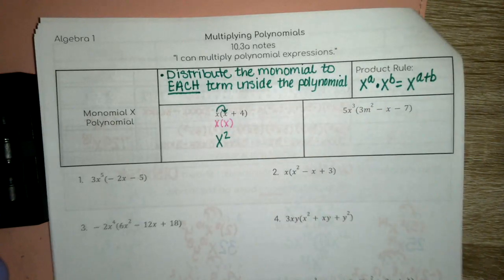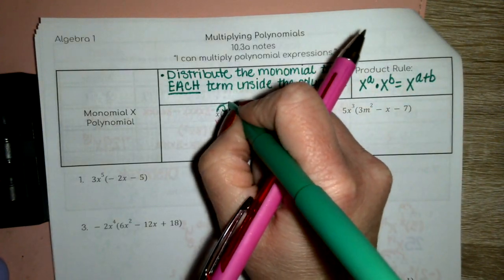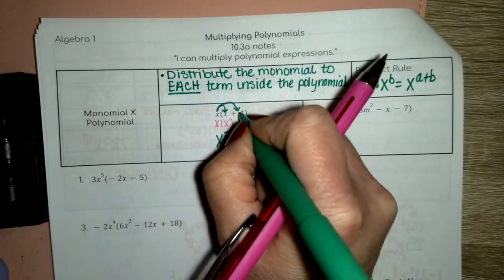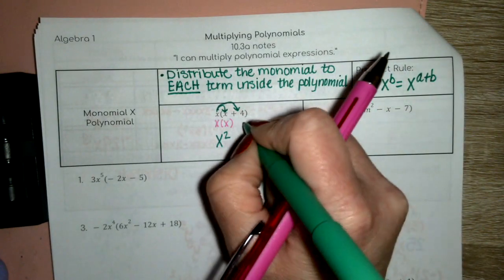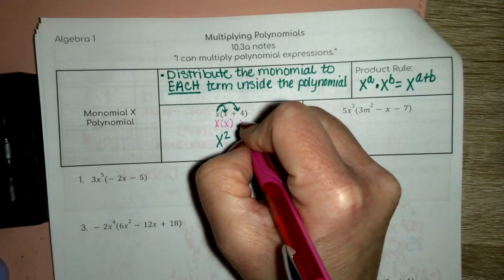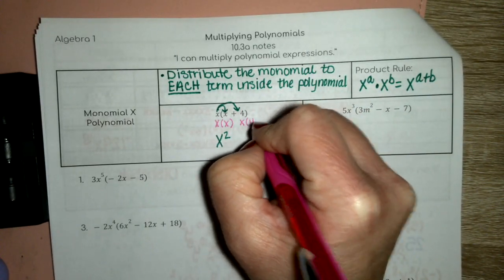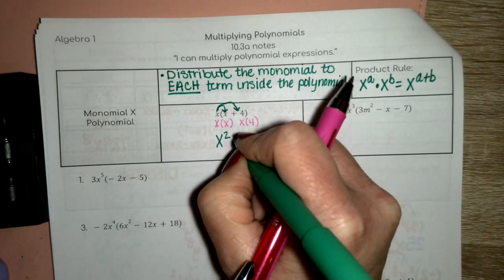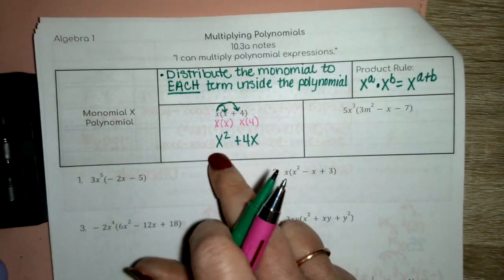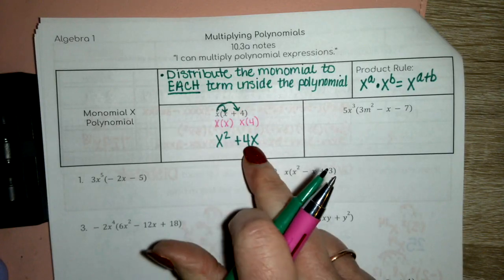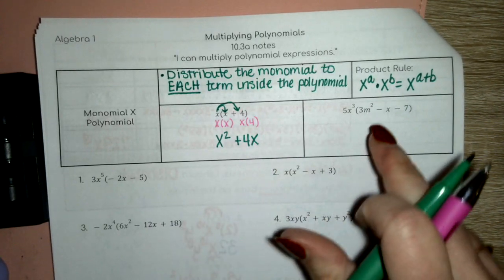And then that arrow times this, and remember the sign goes with it, so that's a positive 4. X times positive 4, which is 4x. Now I can't put those together because they're not like terms, so that is my final answer.